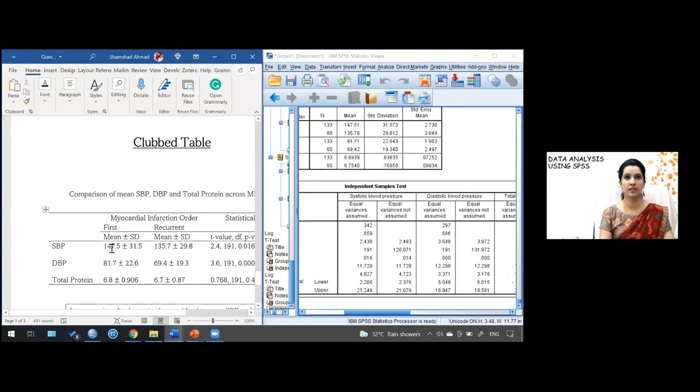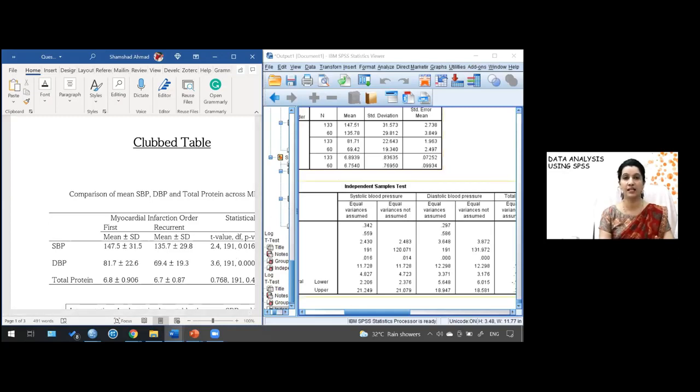I have written the mean plus minus standard deviation in first order, taking the values 147, 81 and 6.8 from this table. And then for the recurrent order, I'll take the second one: 135, 69.4 and 6.750 plus minus their respective standard deviations.